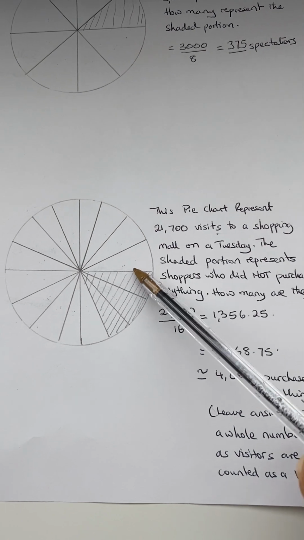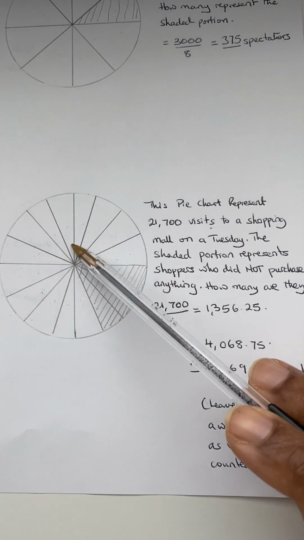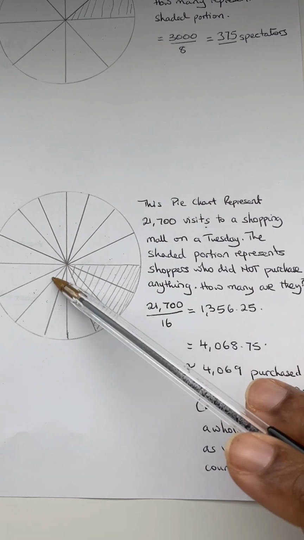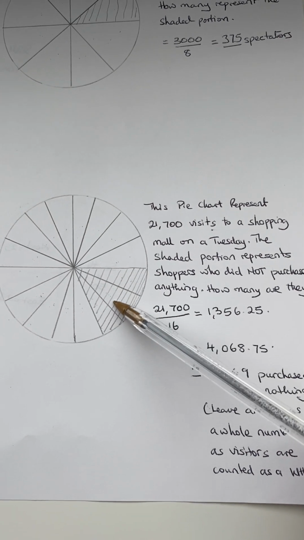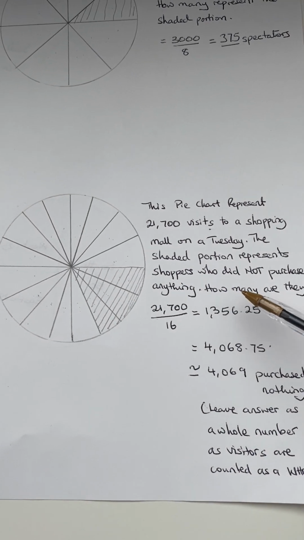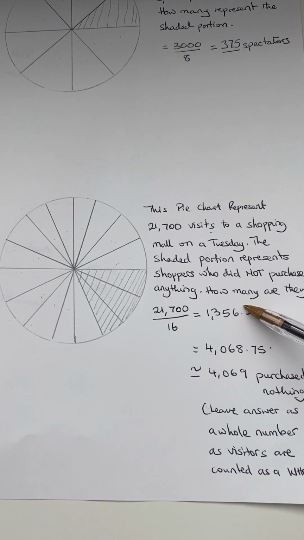So now here, the pie chart has been divided into 16 parts, and 3 of those parts represent people who did not buy anything.